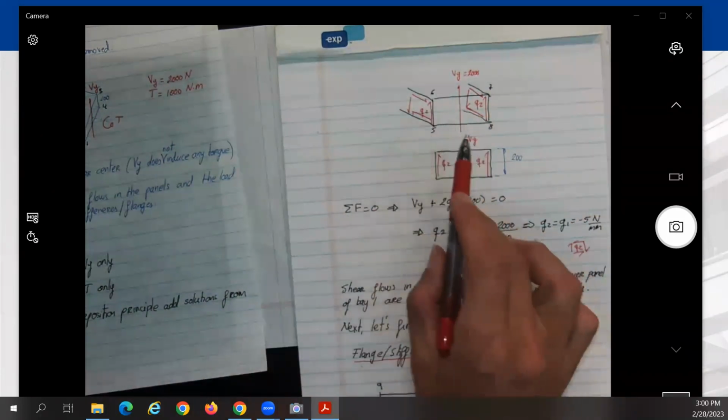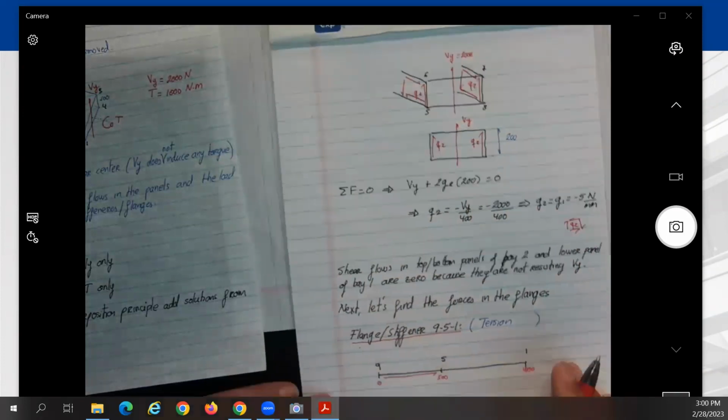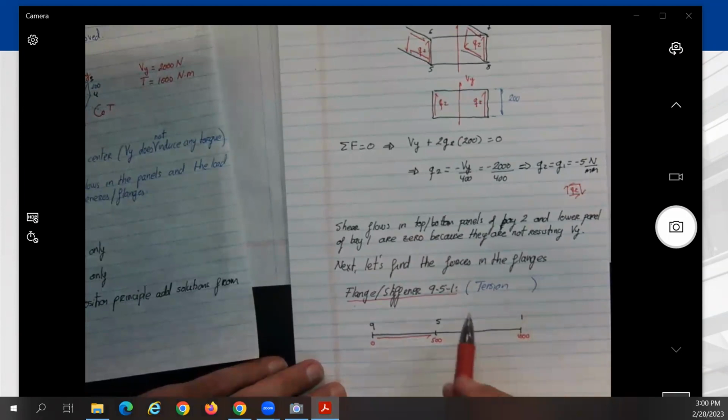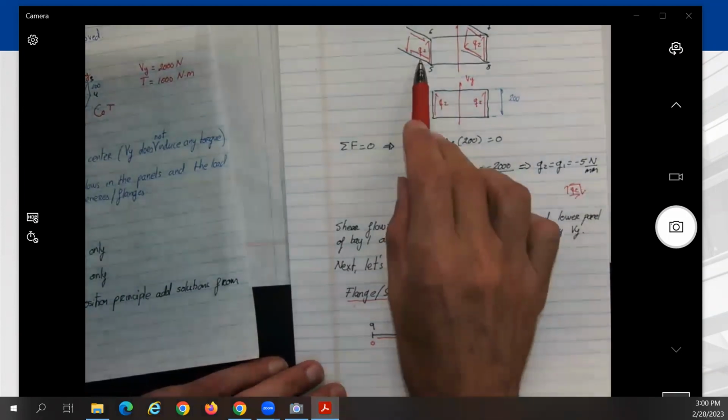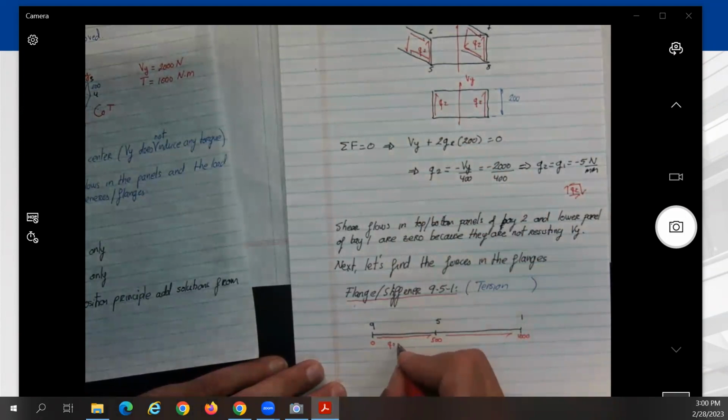This is bay 1, so it should be going in this direction, no? It was the opposite direction here, so we go in the opposite direction than this one, and this one will be the same thing. So basically, this was the Q2 here, which now I just use the magnitude because I already did it in the correct direction.